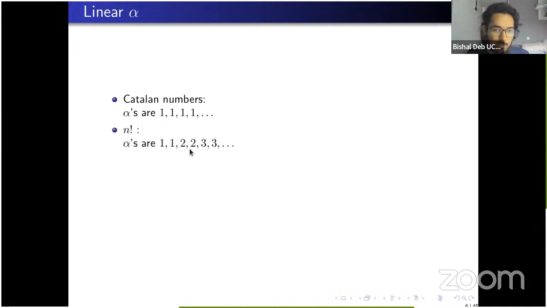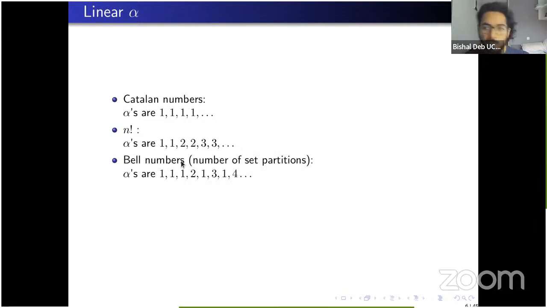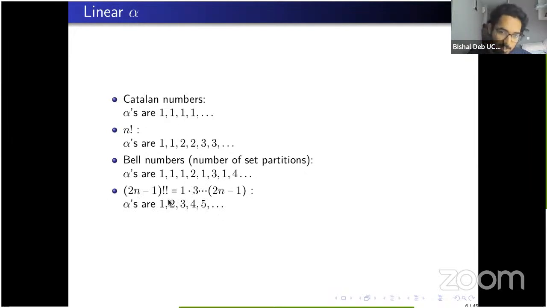When you have 1, 1, 2, 2, 3, 3, and so on, then the sequence a_n is n factorial. For Bell numbers, which count the number of set partitions, the alphas are 1, 1, 1, 2, 1, 3, 1, 4, and so on. And for (2n minus 1) double factorial, which is simply the product of the first n odd numbers, the alphas are 1, 2, 3, 4, 5, and so on.